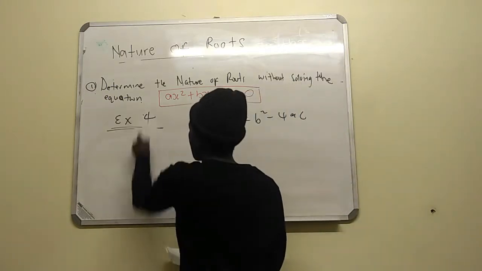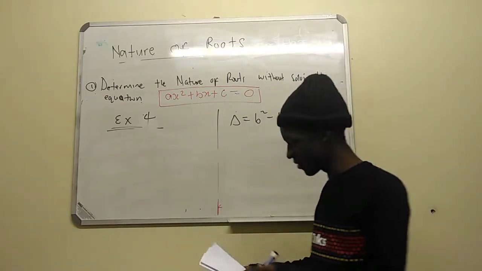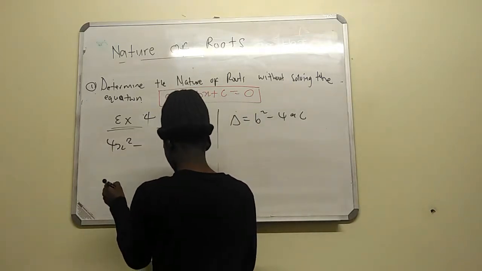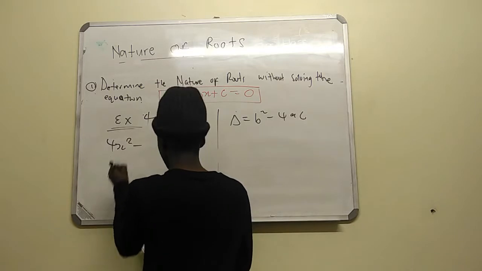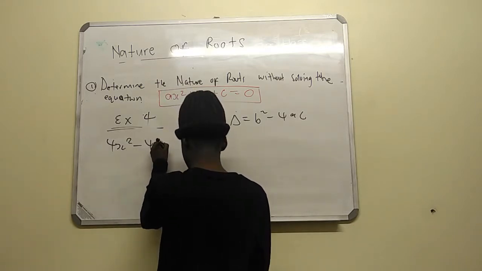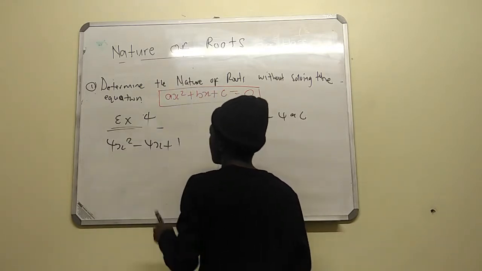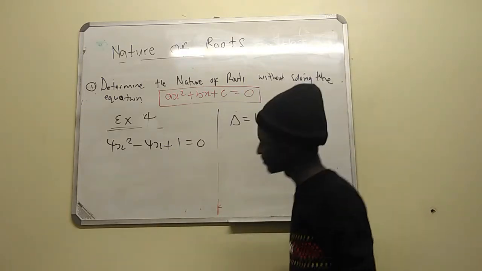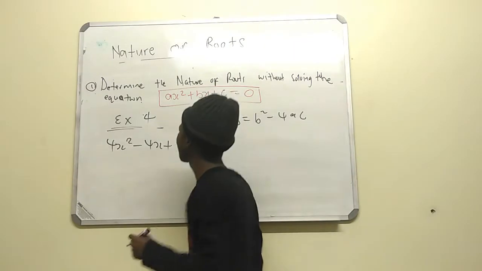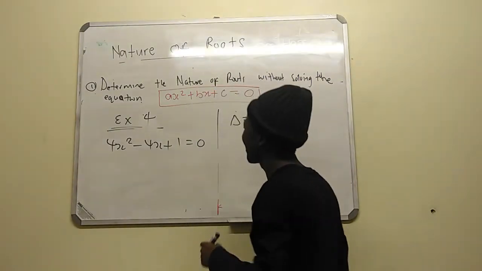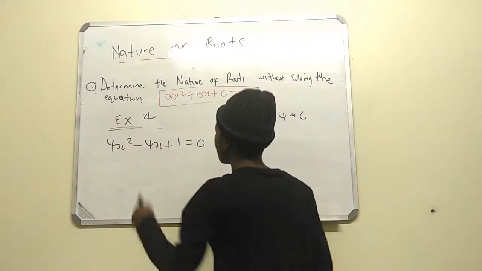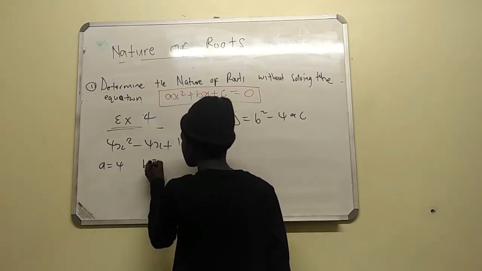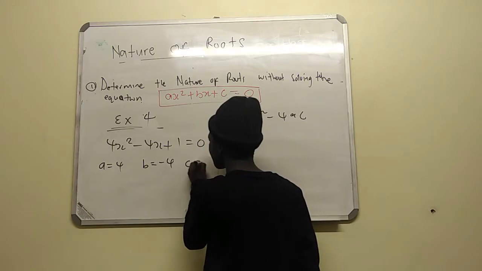So example number 4, we have 4x squared minus 4x plus 1 is equal to 0. What I'm going to do is find the value of a which is 4, the value of b which is minus 4, and the value of c is equal to 1.